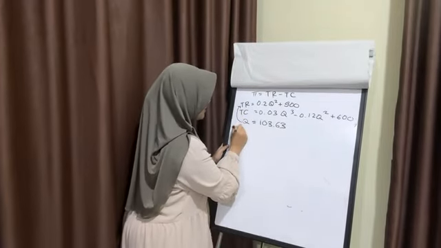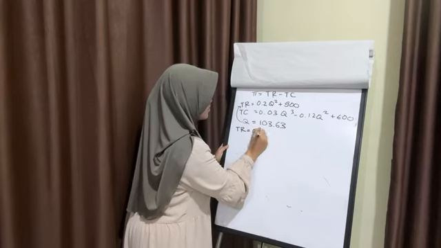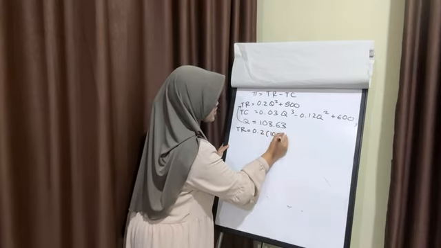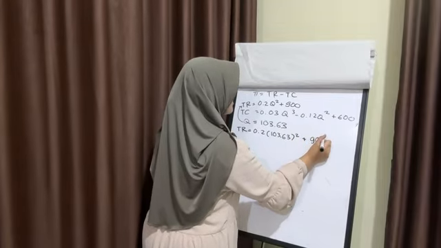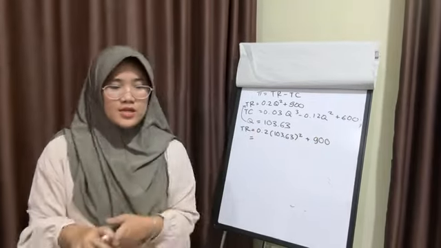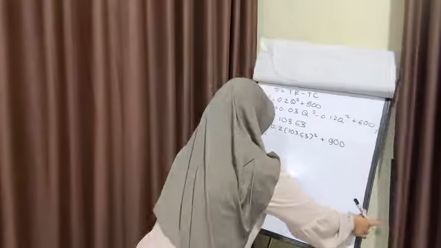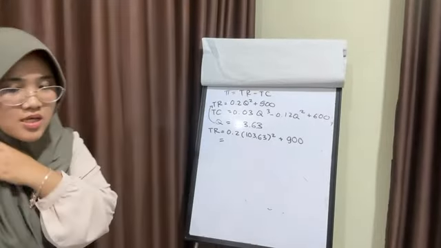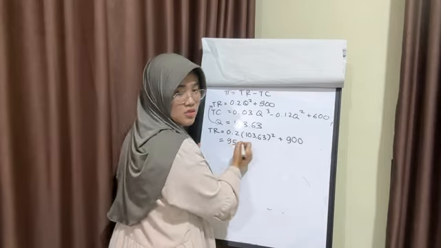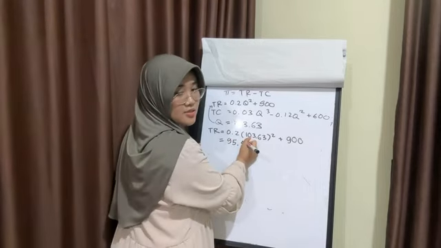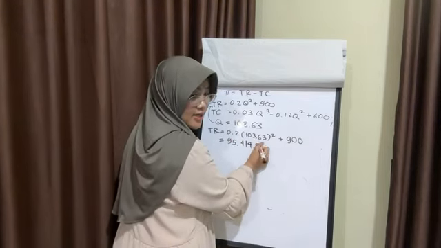So we write it down again. TR equals 0.2 times 103.63 squared plus 900 times 103.63. From the calculator right here, we found the answer: the TR is 25,414.84.